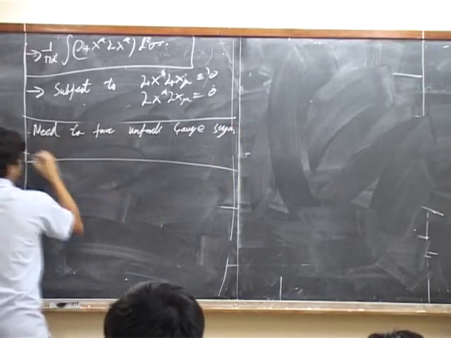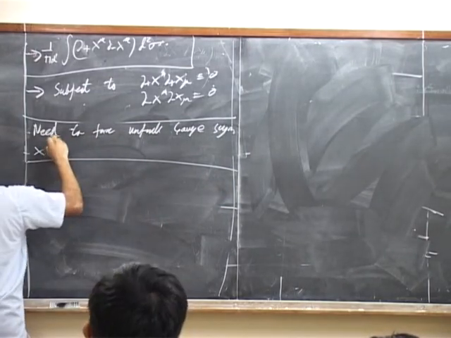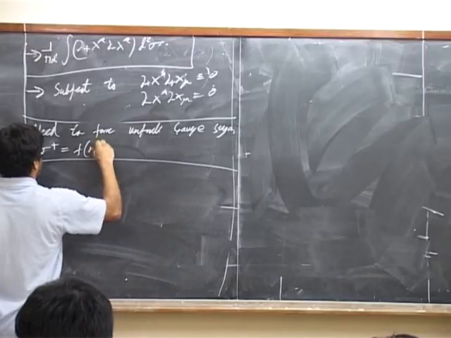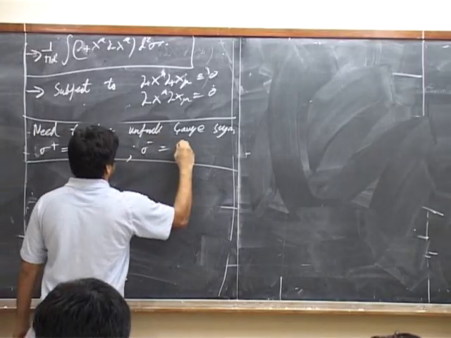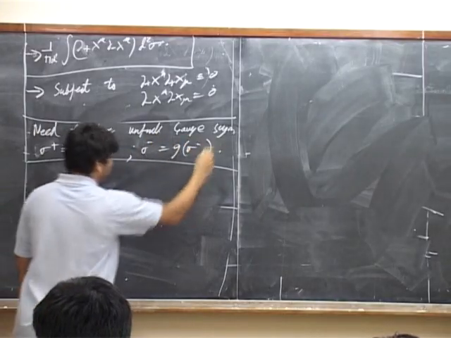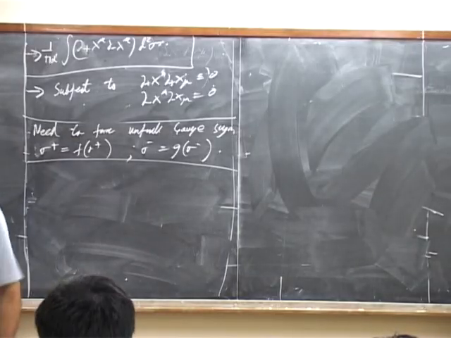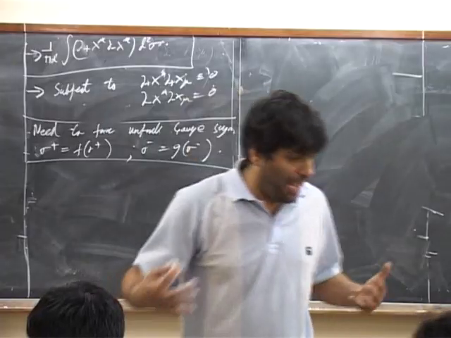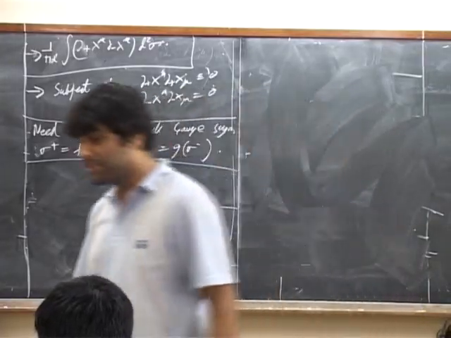Sigma plus is equal to f of sigma plus, sigma minus is equal to g of sigma minus. Okay.